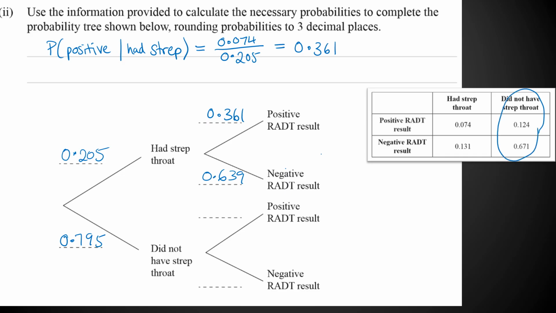That'll be 0.124 divided by the total of 0.795, which comes to 0.15597. So we'll round that up and it will be 0.156. Those last two branches should add up to 1, so this will be 0.844.